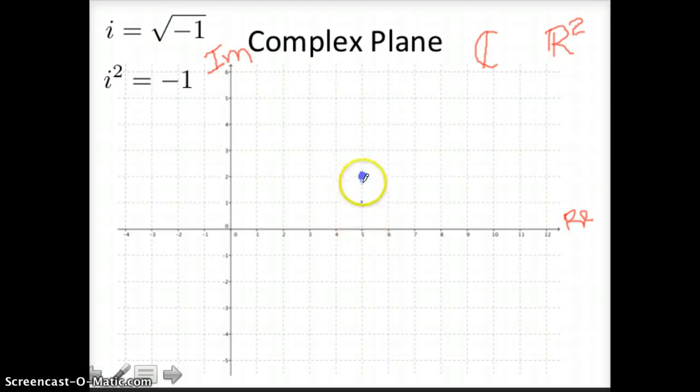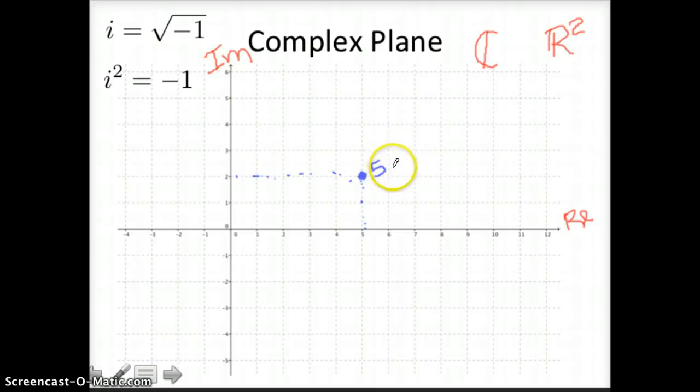This number has a coordinate on the horizontal axis and also a coordinate on the vertical axis. In this specific case, this number has coordinates 5 on the horizontal axis and 2 on the vertical axis.